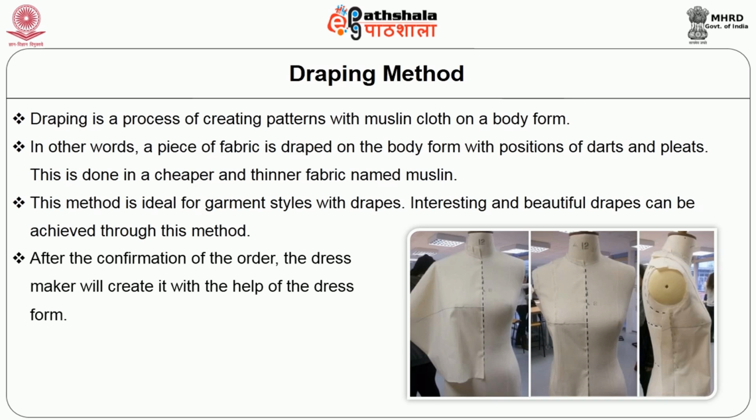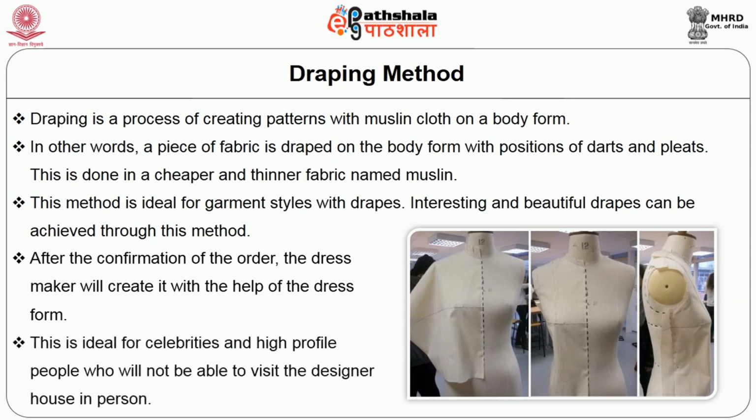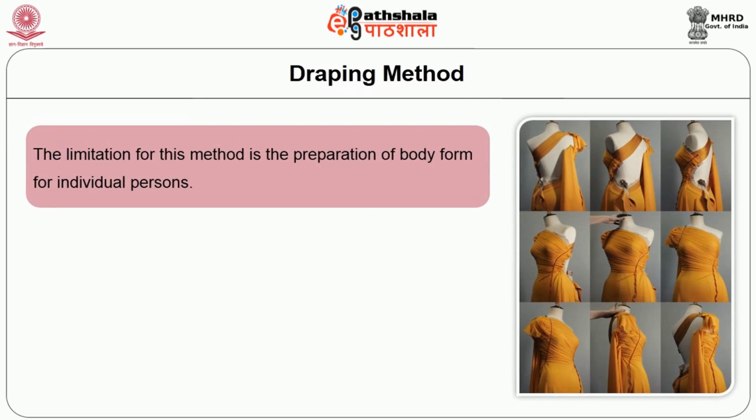After the confirmation of the order, the dressmaker will create it with the help of the dress form available in the couture house. This is ideal for celebrities and high-profile people who will not be able to spend their time in the designer house.